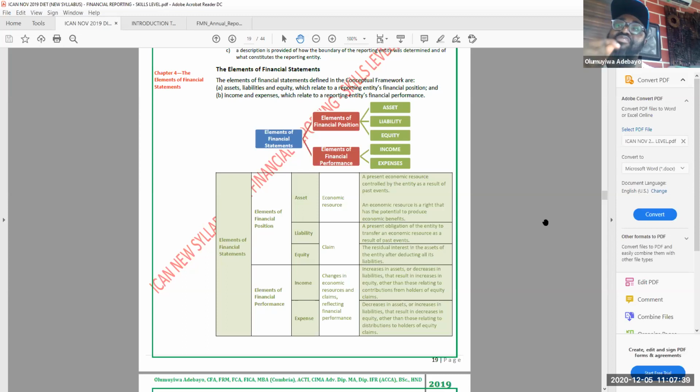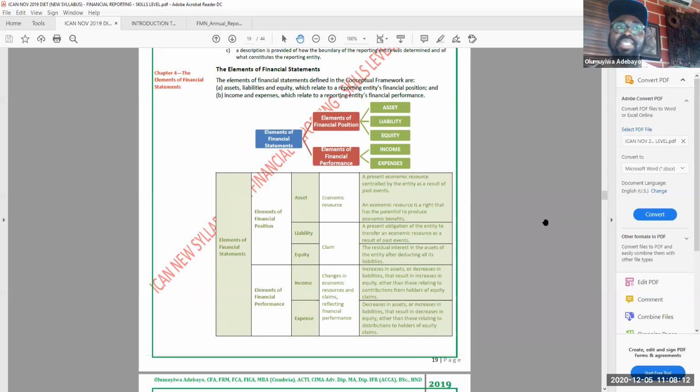That is, any form of resource which we can classify as economic resource that we already possess, whether by way of having control over it or by way of ownership of it. Any resource of such that we have and we control such resource towards ensuring that benefit accrues to us, such must be considered as an asset.